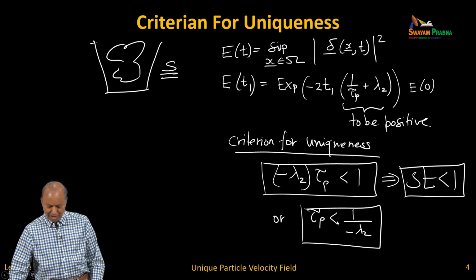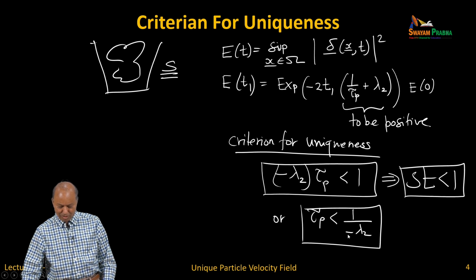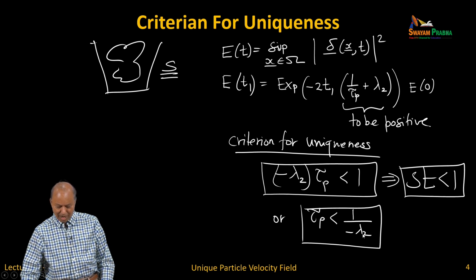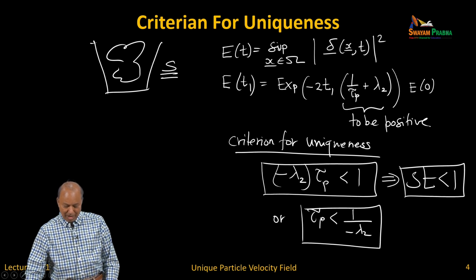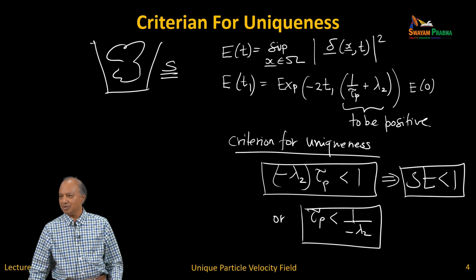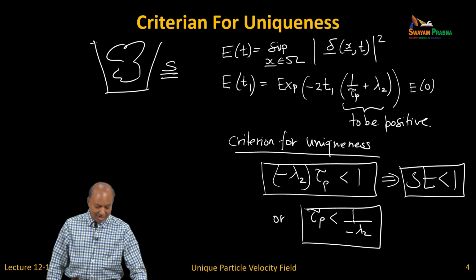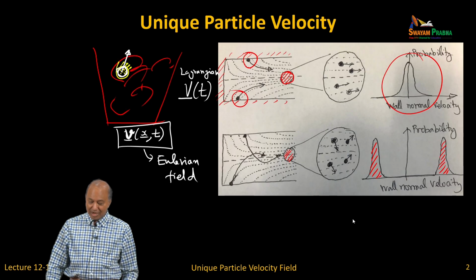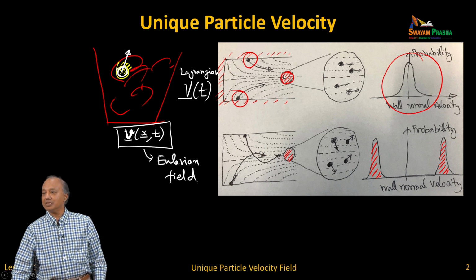So, in other words, if the compressive strain rate everywhere in the fluid, take the maximum value. So, this is the fluid time scale. So, if tau p is less than the fluid time scale, which is the Stokes number, when Stokes number is less than 1, you can guarantee. So, this is a rigorous proof that if Stokes number is less than 1, it will behave like this.